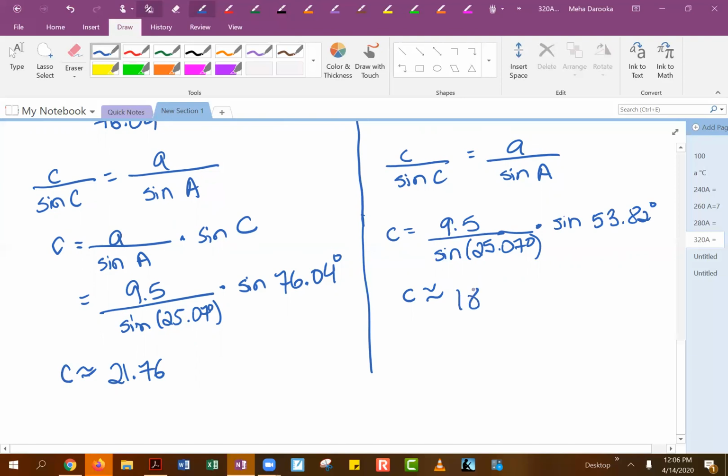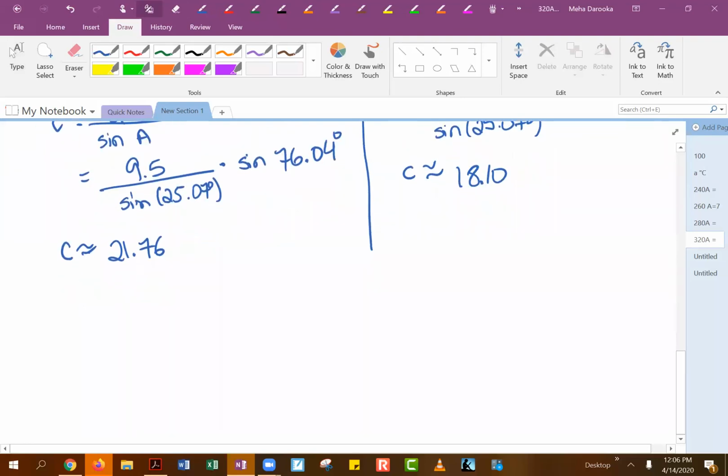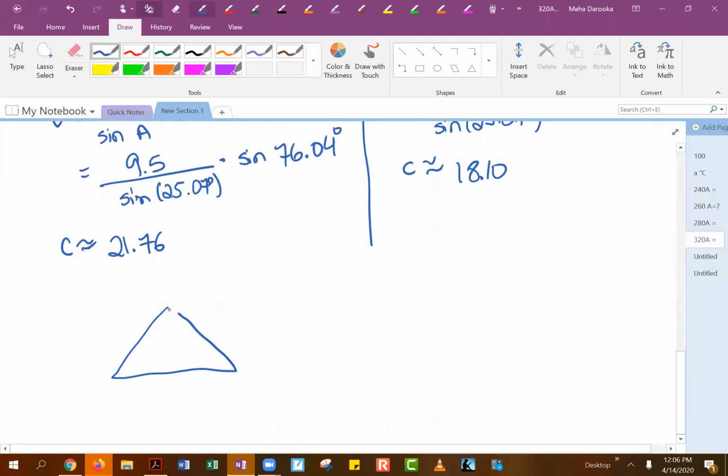Very good. So this one here will basically be an acute angle, and this one here is going to end up being an obtuse angle.